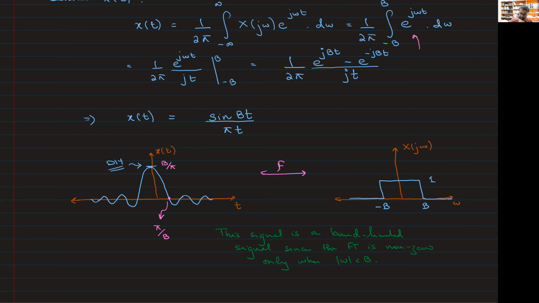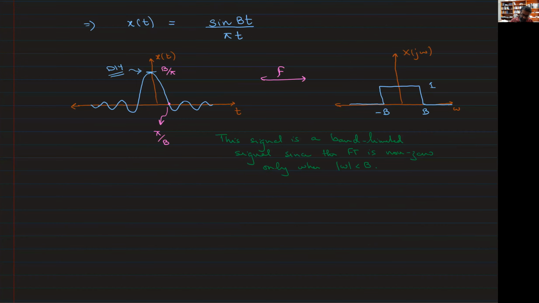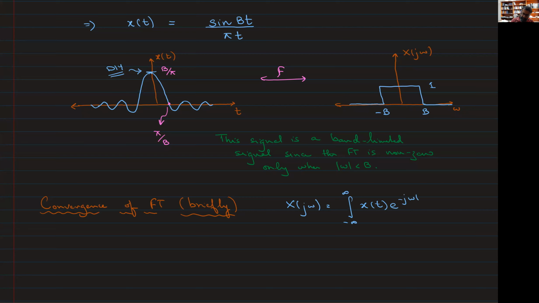Okay. So one thing I do want to say, I think I forgot to mention this earlier, and I don't want to spend too much time here, which is convergence of the Fourier transform. Very, very briefly. We just look at X of j omega, which is equal to the integral from minus infinity to plus infinity of x of t times e raised to the minus j omega t dt.